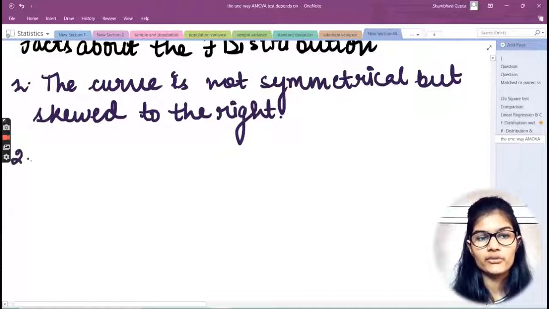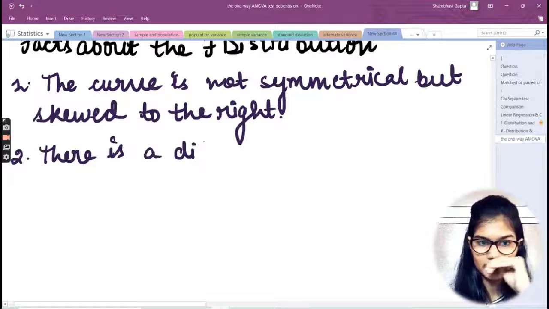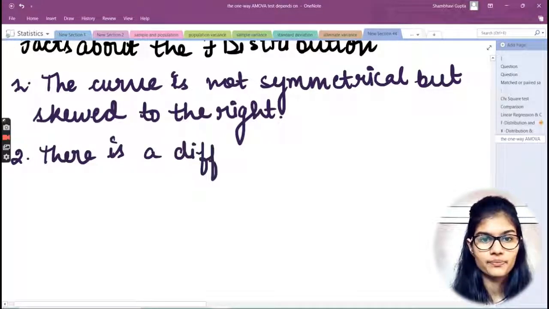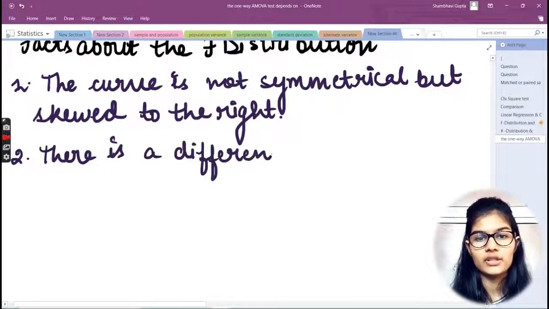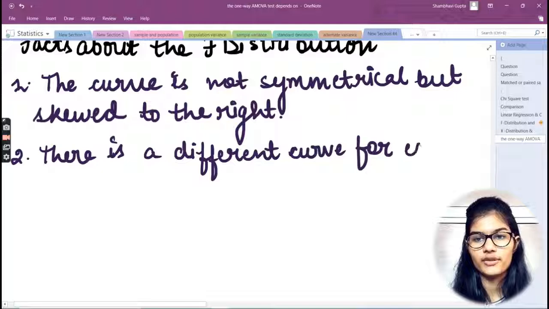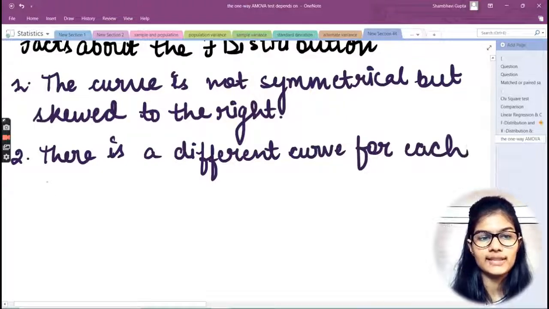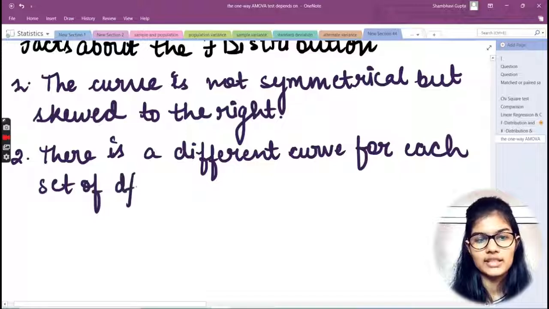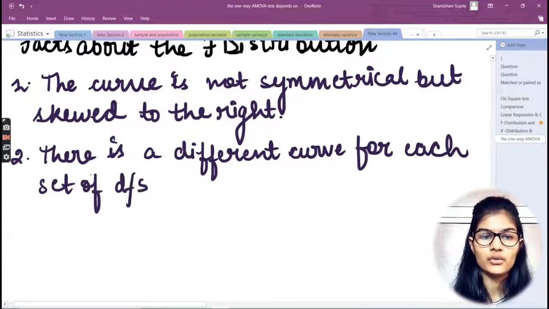Moving forward, number 2: there is a different curve for each set of degrees of freedom.